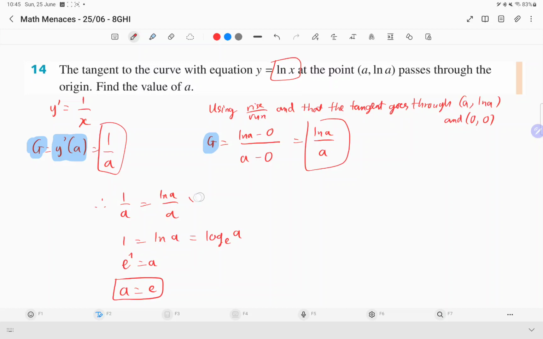Another way of thinking about it is this. If you have 1 over a equals ln a over a, then the top must be the same because the bottoms are the same. Both the bottoms are over a, that means the top must be the same. Okay, so after 14, try 16.